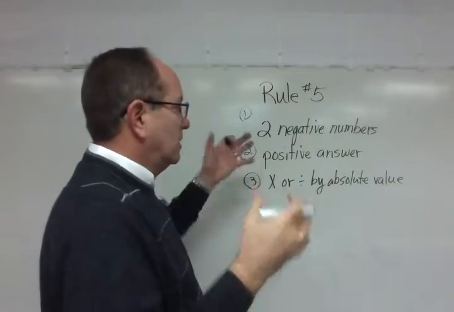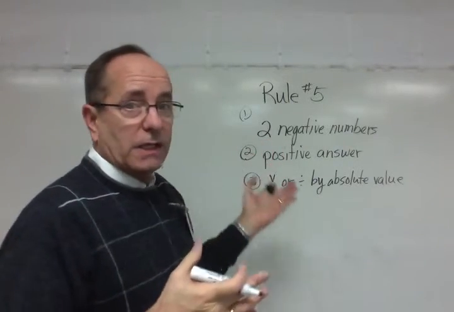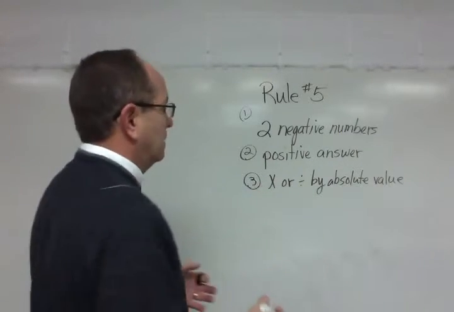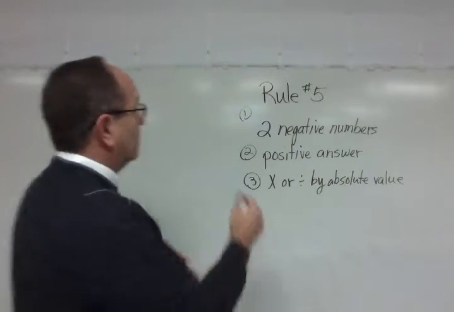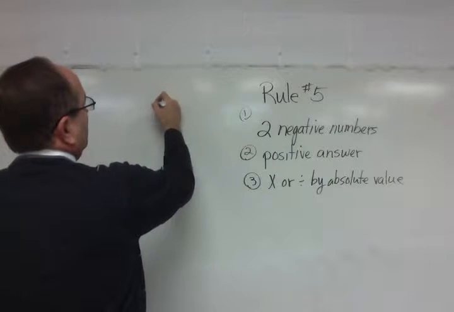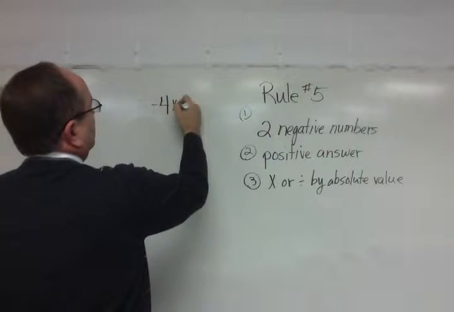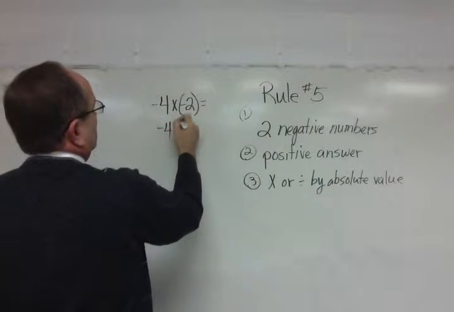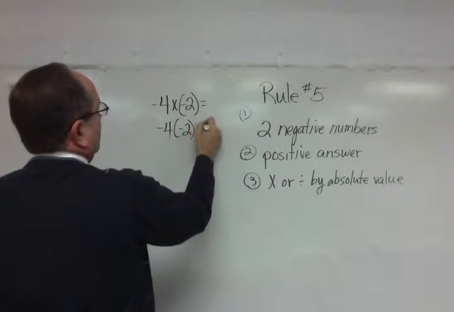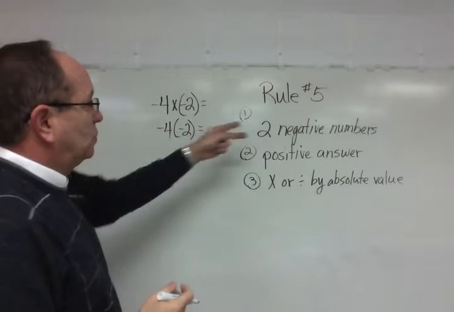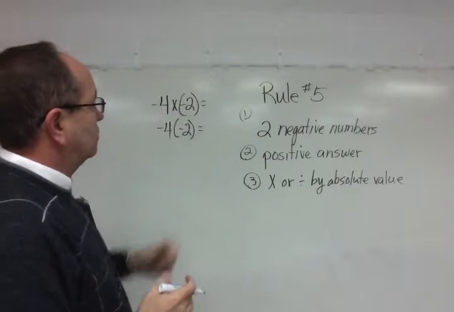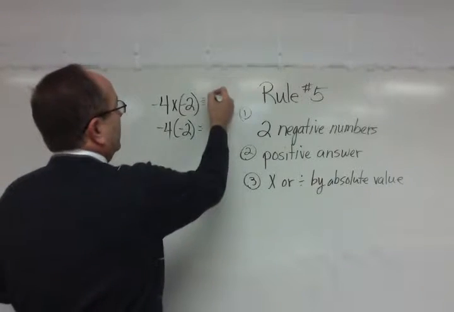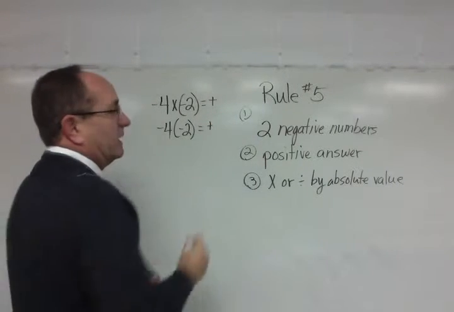And then, if you have that, knowing the answer is positive right away, I've got my signs taken care of. So if I look at this problem again, if I have -4 times -2, or looking at it this way, if I have two negative signs, two negative numbers, I am going to say right away, and this doesn't hurt anything, to put a positive sign there.